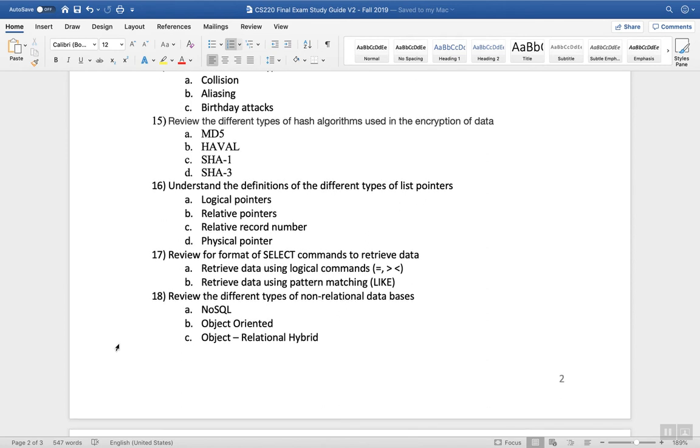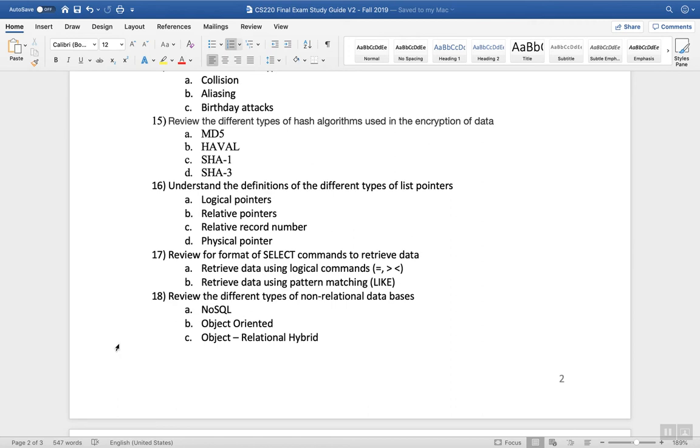We talked about this idea of pointers, and this is in relation to data structure. So just know what we mean when we talk about logical pointers versus physical pointers versus relative pointers and relative record number. The importance of pointers is really in the way we get to data as it's stored on a disk.